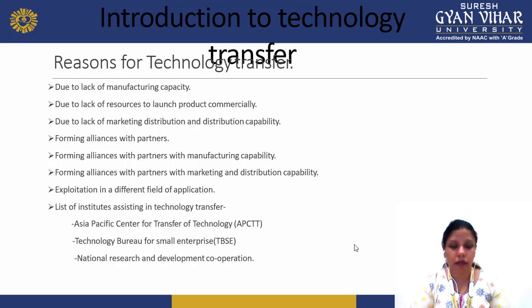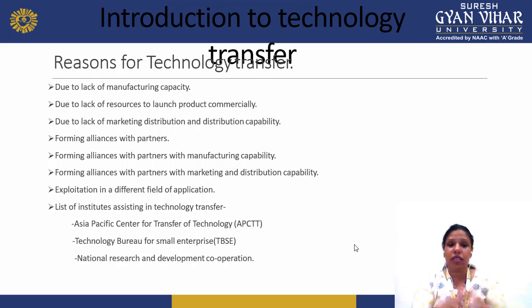with the other company. Now, forming an alliance with a partner. Sometimes a small company, and it also happens with large companies, wants to make an alliance with another company or other partners, so there is a need for technology transfer.